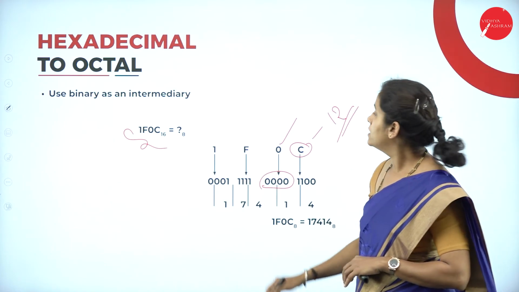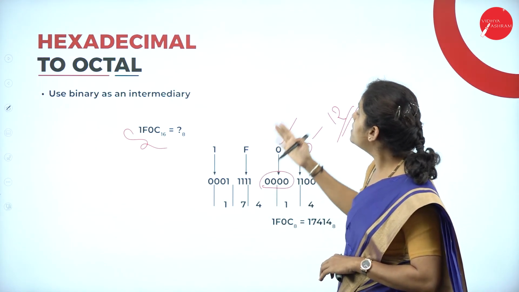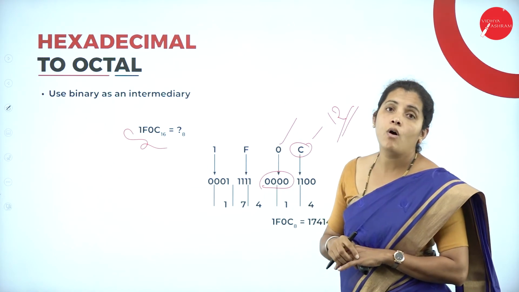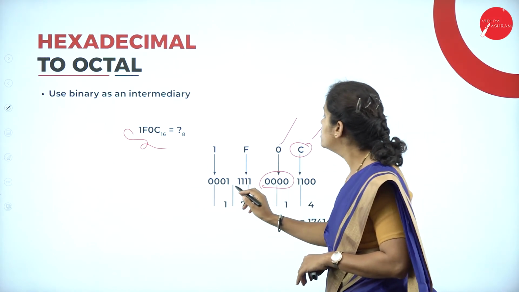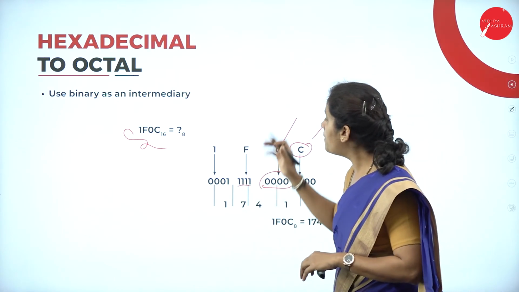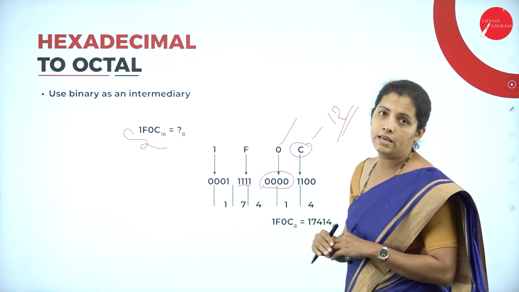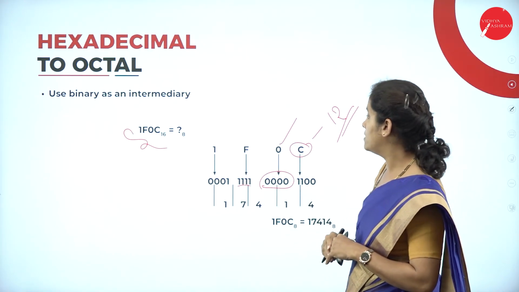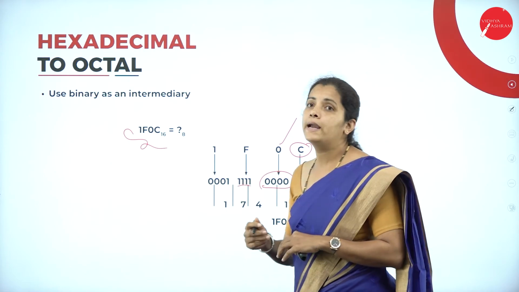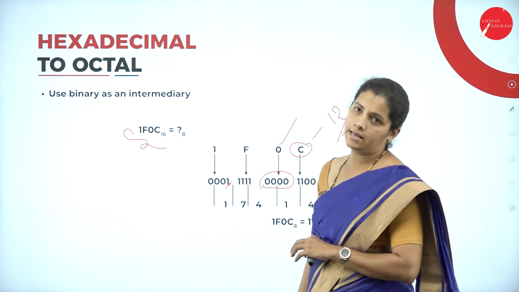It is 4 zeros. Then F means 15. Then what is the binary representation of 15? It is 4 ones. Then what is the binary representation of 1? It is 1 once again.